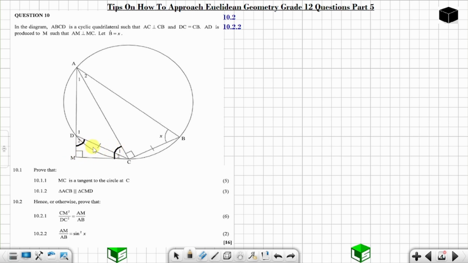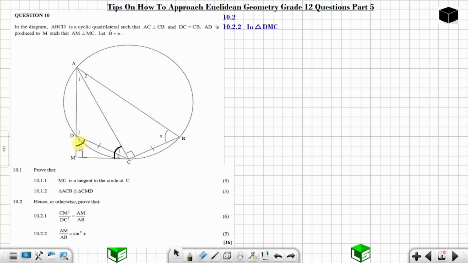So, using this triangle, in triangle DMC, you have angle x in this triangle DMC. So, this is a right triangle. You have a right angle. You can use trig ratio.